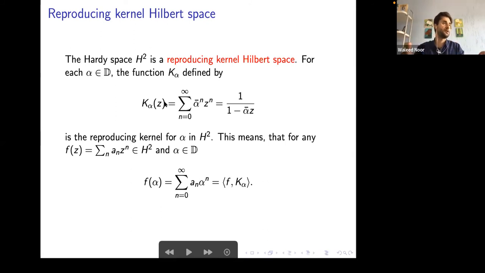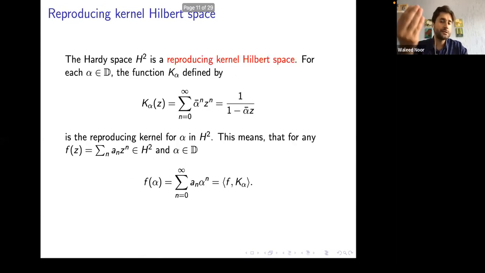So evaluations are bounded linear functionals, essentially. The reason I mention this is because this property is what differentiates this from the L2 space, for example, or sequence spaces. The L2 space is a function space, but it's not a reproducing kernel Hilbert space. Okay.